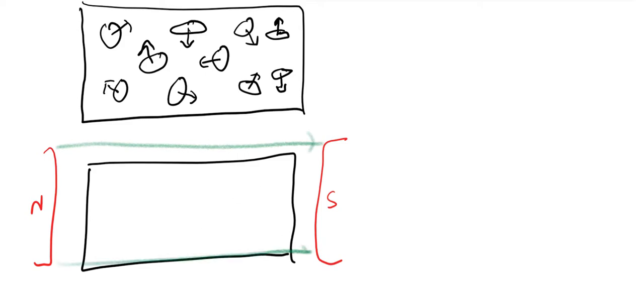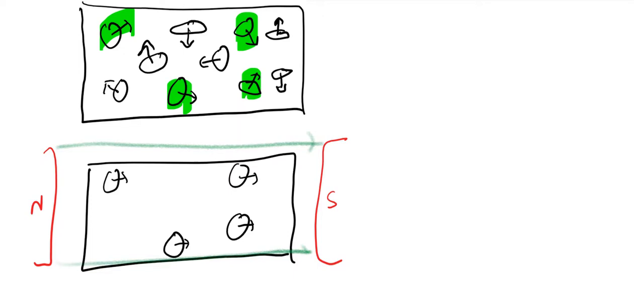Some atoms will be readily aligned with the external magnetic field, say these four, and then the condition will be like this, and you have some level of magnetization achieved. Now if you increase the external magnetic field, you align a few more, so the magnetization will also increase.